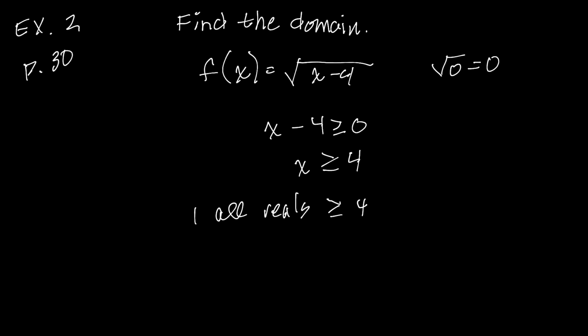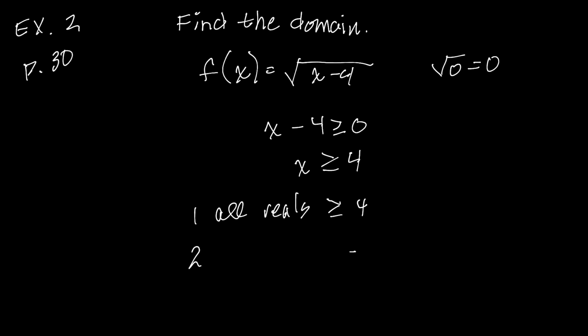It could start at 4, so a bracket, and go to infinity. So one way, all reals greater than or equal to 4, or interval notation, which I don't like that interval notation, so I'm going to rewrite it.